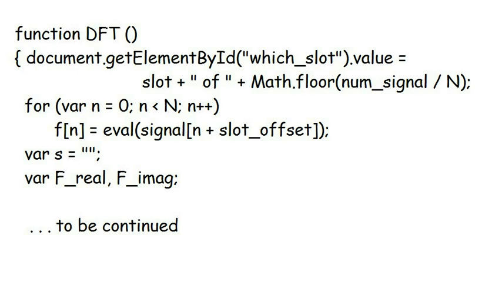The first thing it does is write the current slot number onto the screen to keep the user happy. Then it copies the next N values in the string into array f, starting at position slotOffset and working its way up. The results of this particular DFT calculation will be stored in string s, before that is added to string result.